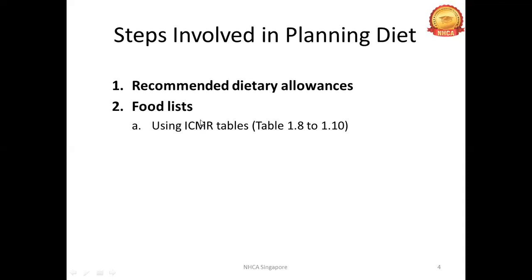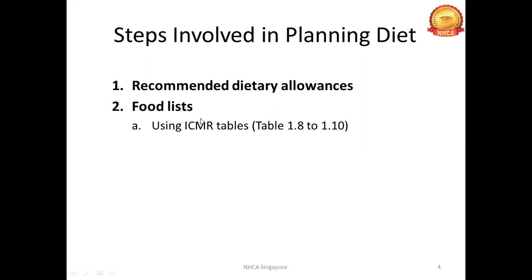Whatever answer you get, you have to divide it into breakfast, lunch, and dinner. Yes, 60 gram. This 60 gram is uncooked. When you cook it, definitely the volume will be much more. But from the pantry, you have to take 60 gram for this child's entire day's pulse requirement.